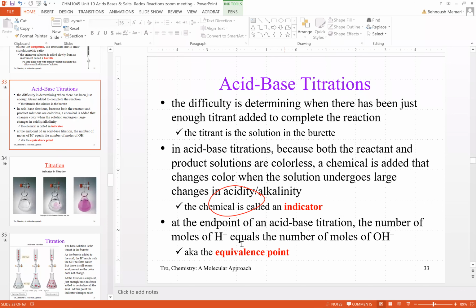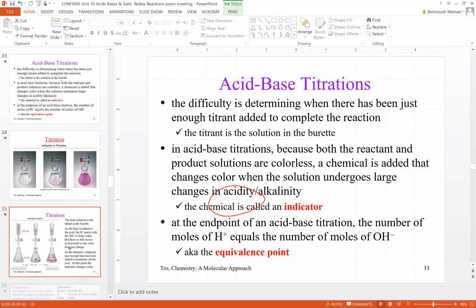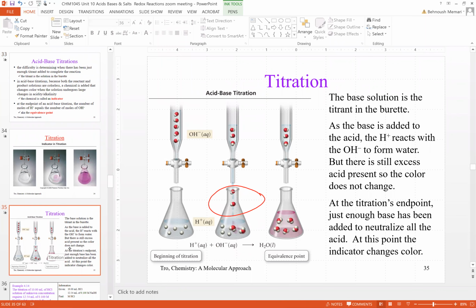As you add the base to the acid, the hydroxide from the base combines with H plus from the acid and changes to water. When enough hydroxide is added to neutralize all the protons, H pluses, in the solution, you have a neutral compound.